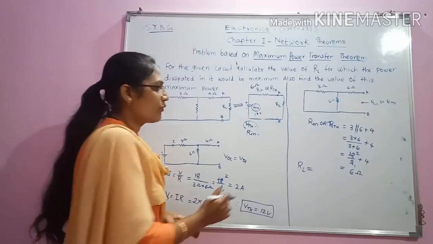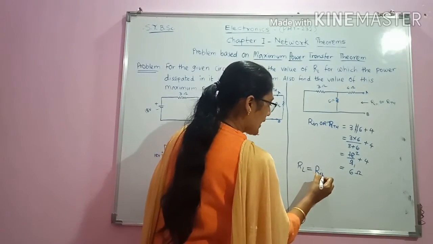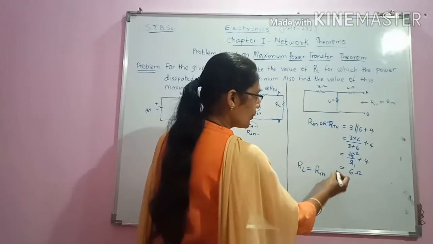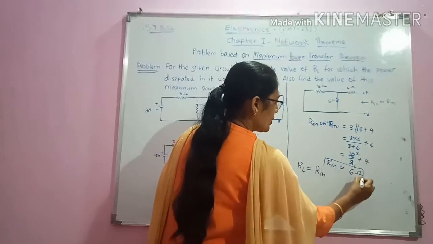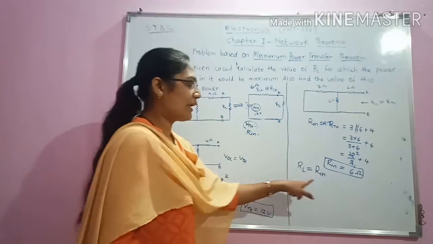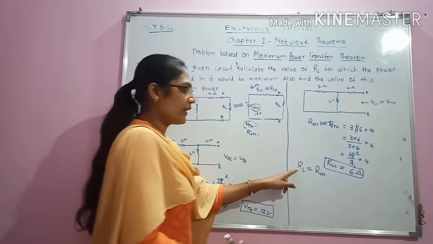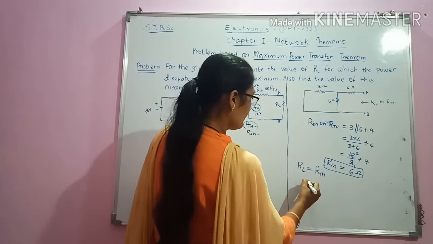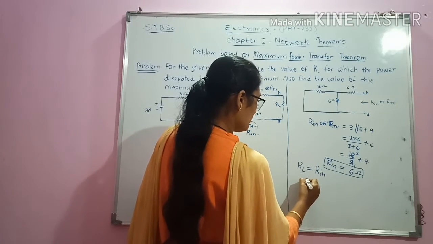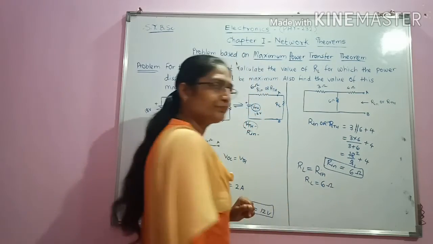So the value of RL will be equal to the value of Rin. Just now we have calculated the value of Rin as 6 ohm, so the same will be the value of RL. RL value will become 6 ohm.